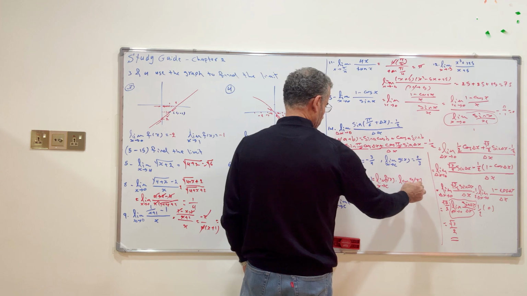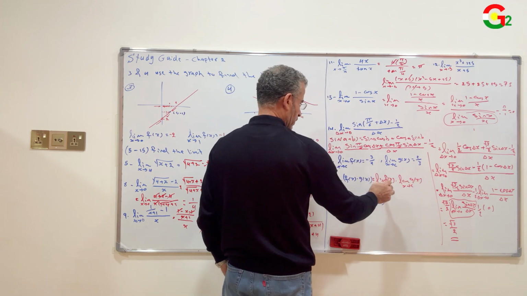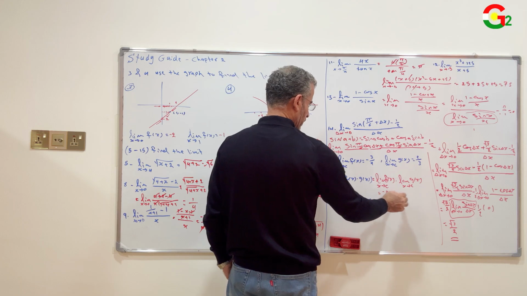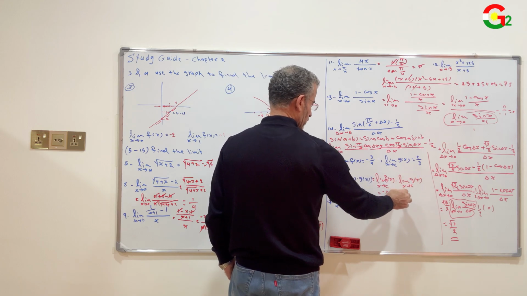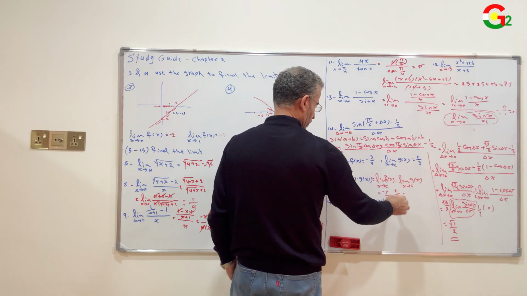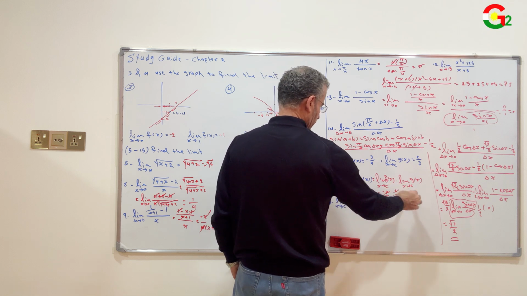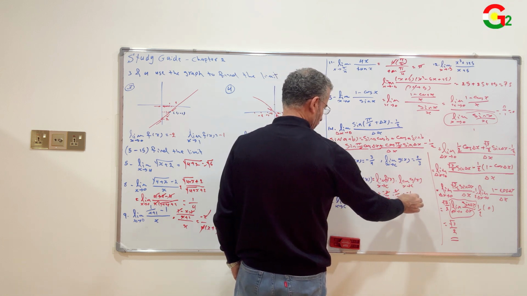Using the rules of limits, negative 3 over 4 times 2 over 3 equals negative 1 over 2.